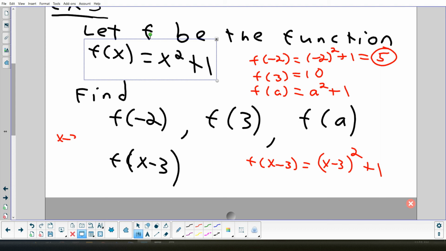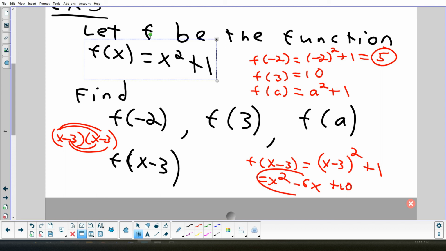That's what I feared. x squared, then that's minus 3x, x squared, yep, minus 6x, that's the part I was looking for, plus 9. And then a lot of people got the plus 10, which is -3 times -3 plus 1. So that one, you have to remember to FOIL, okay?